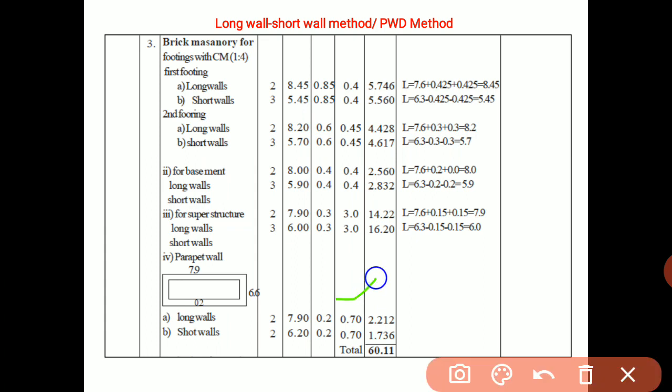In this case it is given as 0.7. 1 meter or 1.5 meter is the maximum, or it is okay. In this case it is given as 0.7, and width is given as 0.2. All these dimensions are given in the section, and we are going to add up for long wall, and similarly subtract for the short wall, and we'll get the total amount of brickwork. We add up all those values to get this 60.11 cubic meter of brickwork.